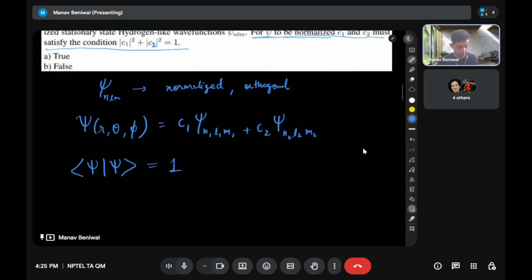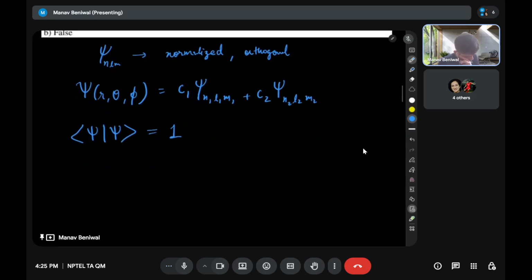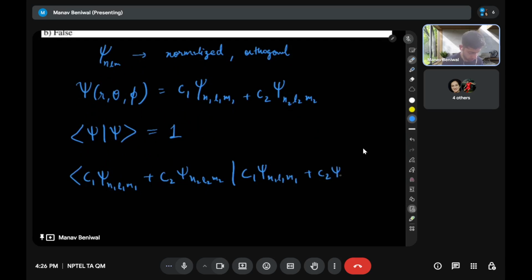So if we write the bra and ket notation of psi, what will we get? We will get c1 psi n1 l1 m1 plus c2 psi n2 l2 m2, with c1 psi n1 l1 m1 and c2 psi n2 l2 m2. We'll get this thing equals 1, right?